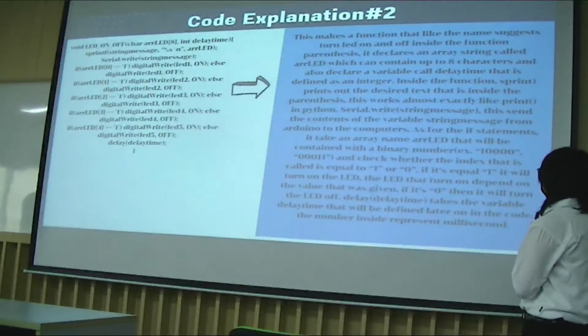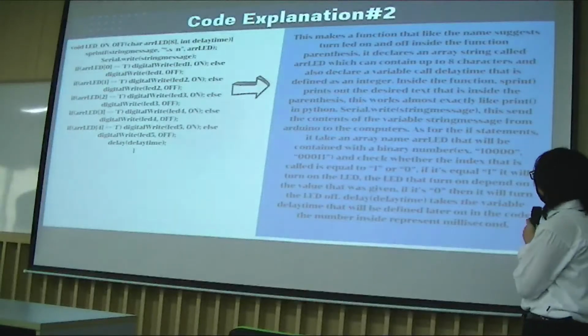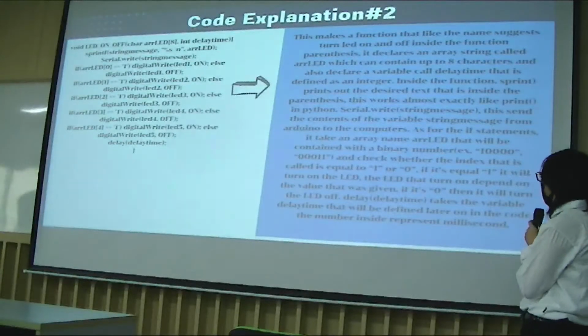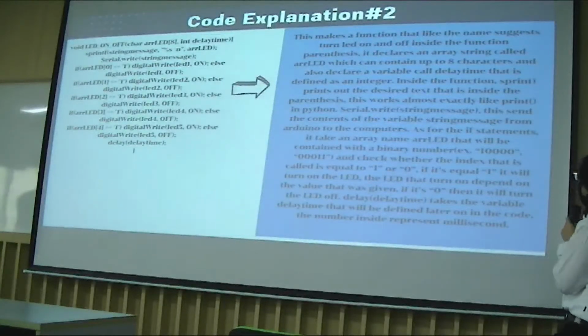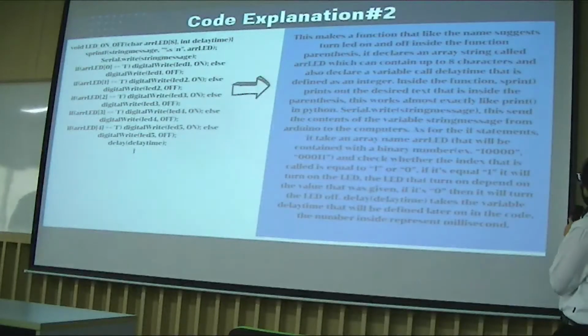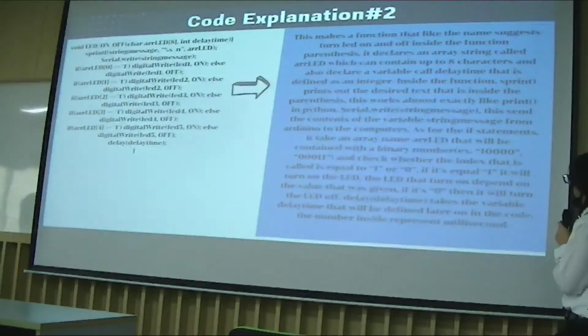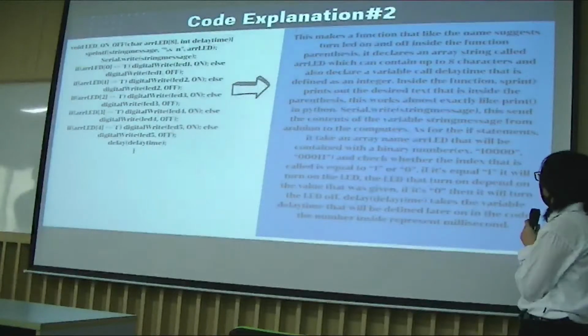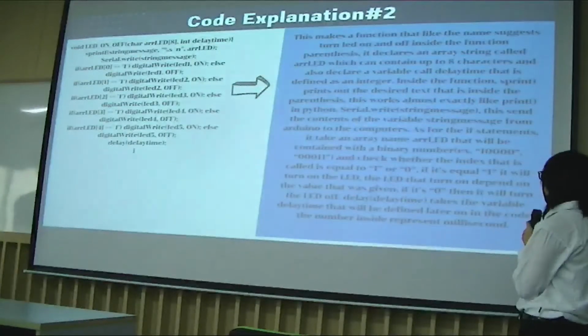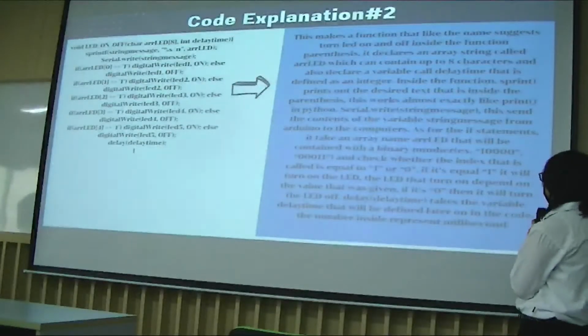Serial.write string message takes the content of the variable string message from the Arduino to the computer. And for the if statement, it takes an array named ARLED that will contain an array number, for example 10000, 00011, etc., and checks whether the index called is equal to 1 or 0.